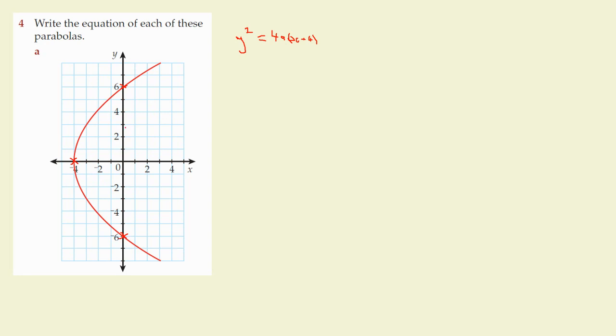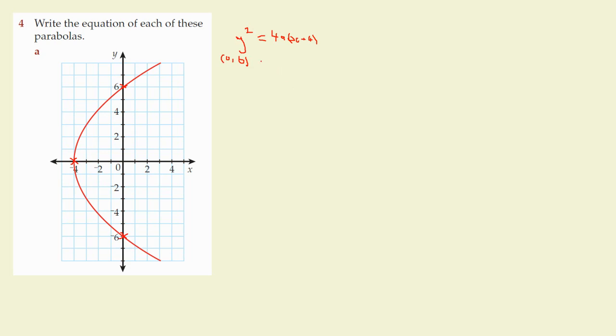Actually, when I square those values, I get the same thing, 36, so it doesn't matter. Substituting either of them into this equation will give me the same thing, because the x value on the y-axis is 0 as well. So let's take the point (0, 6) to start with.